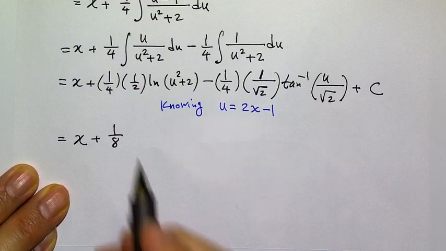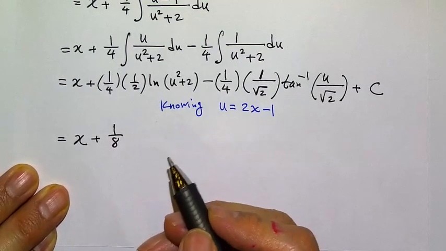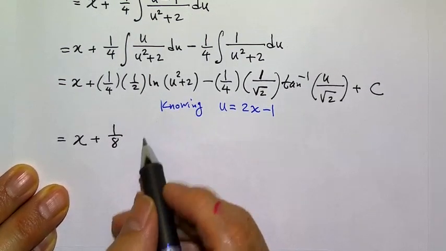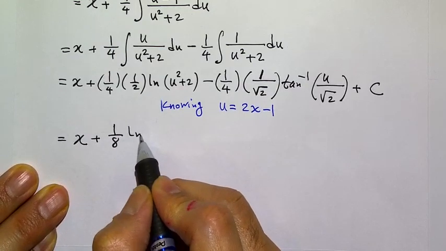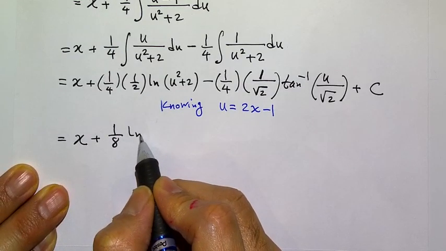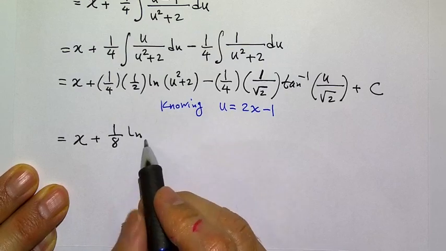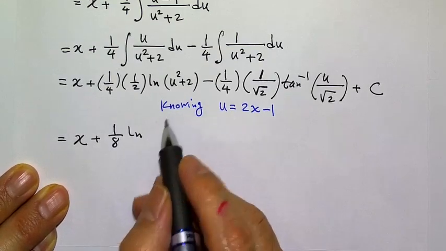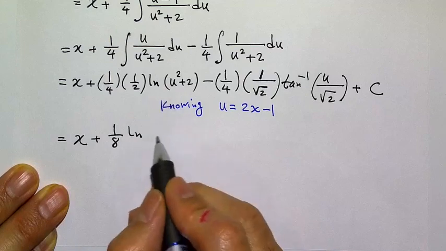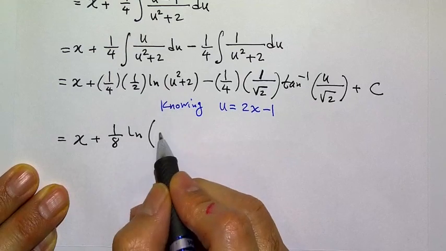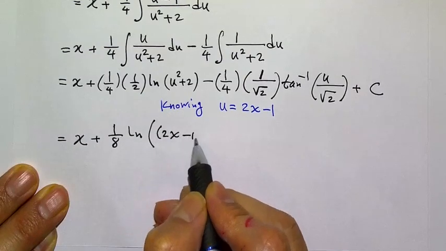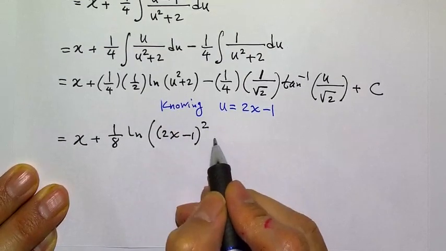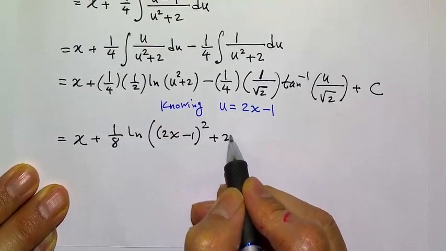Well, I think I have enough room here, maybe. Maybe not. Well, let's see. x plus 1 over 8 natural log of u squared, so 2x minus 1 squared plus 2, right?